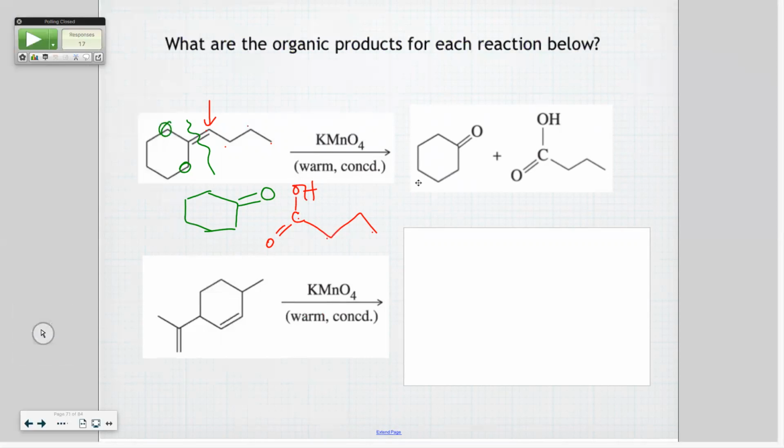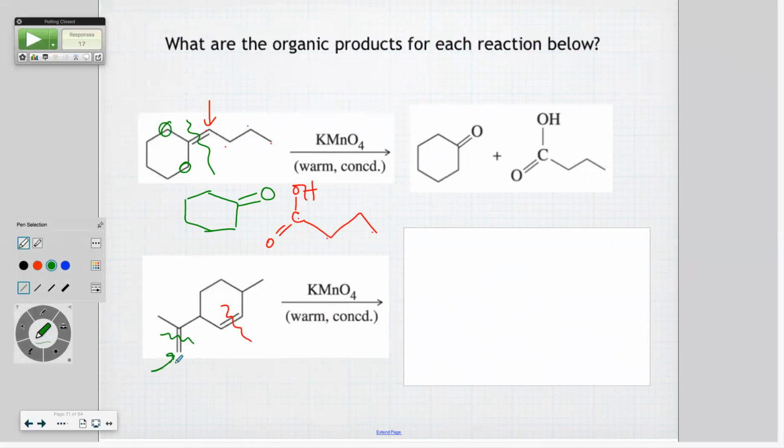Okay, now what do you think about that bottom one? How many double bonds do I have? 2. So guess what? It's going to get cut in 2 places. So we're going to cut it here, and we're going to cut it here. Okay? So take each carbon in turn and figure out what you get.